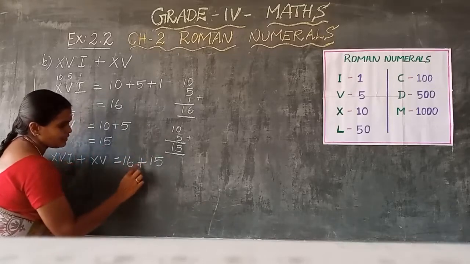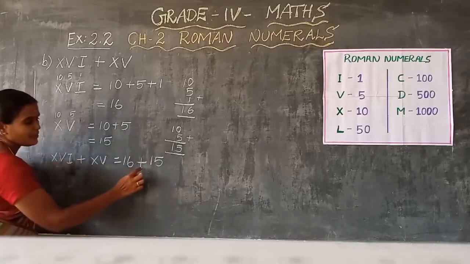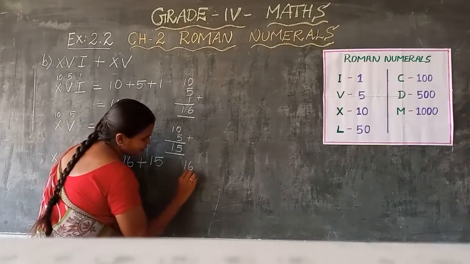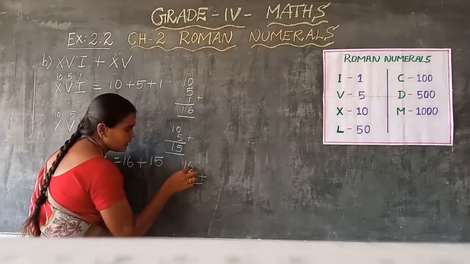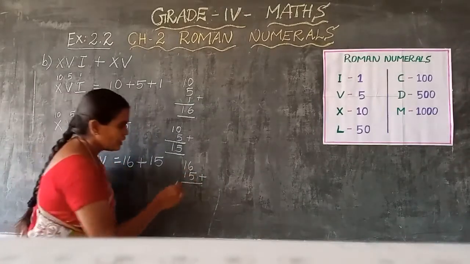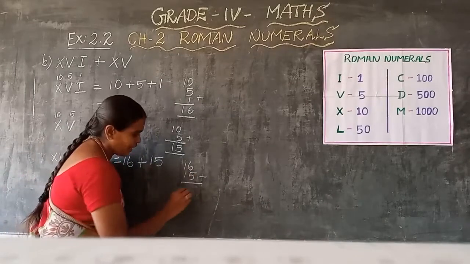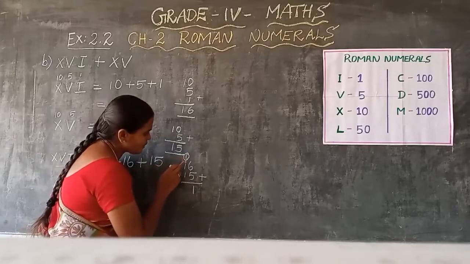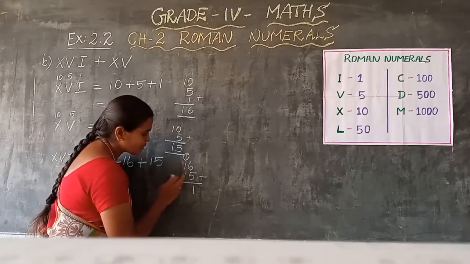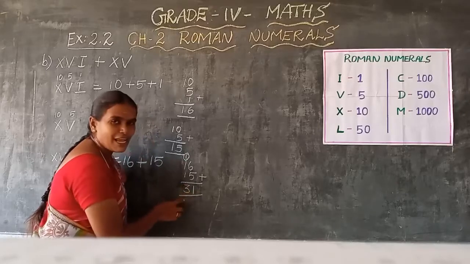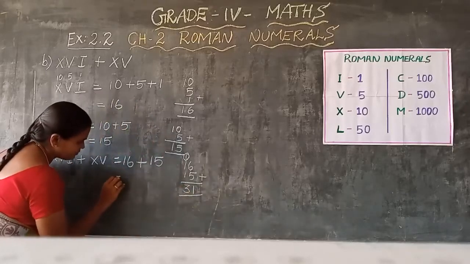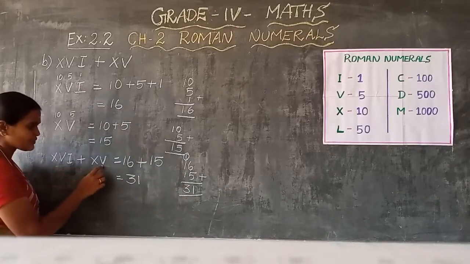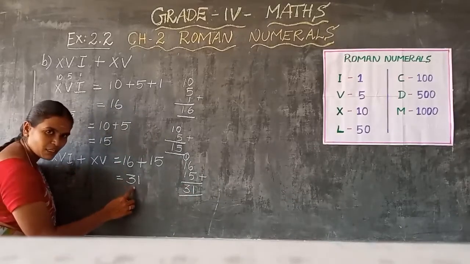So 16 plus 15, plus means addition. 6 plus 5 is 11, so write 1 here and carry over 1. 1 plus 1 is 2, 2 plus 1 is 3. So we get answer 31.